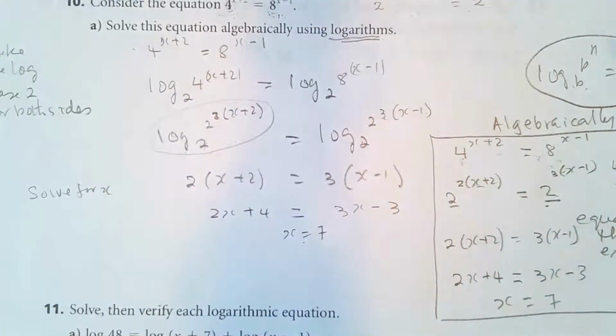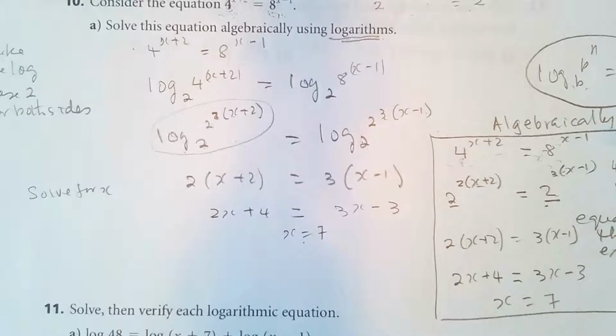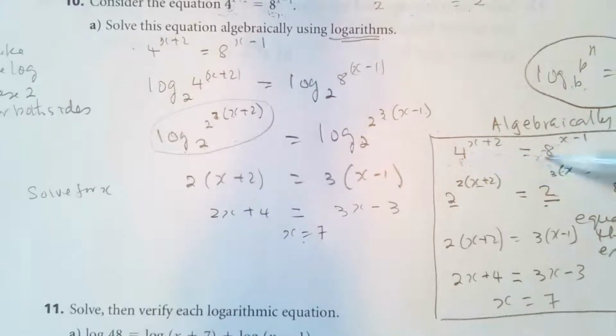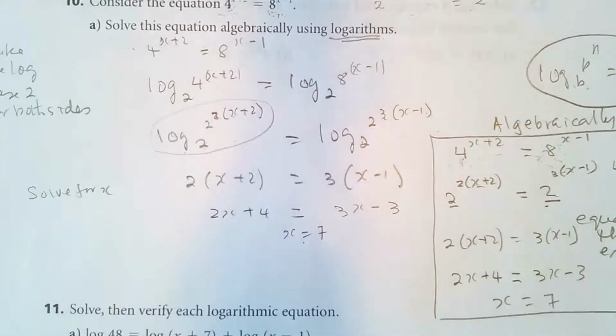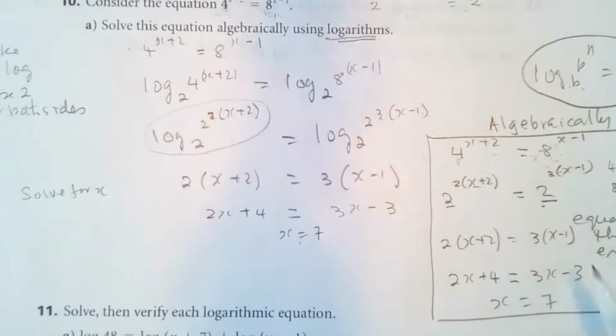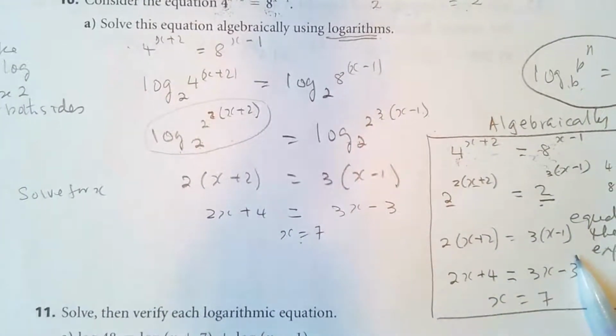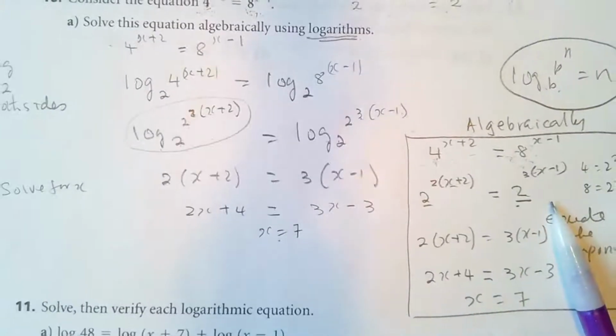So to repeat, if we can write both sides with the same base, then the exponents are equal. If we cannot, then we'll have to use logs. But logs could also be used to find the solution without going algebraically. But many times algebraically might be easier than the log.